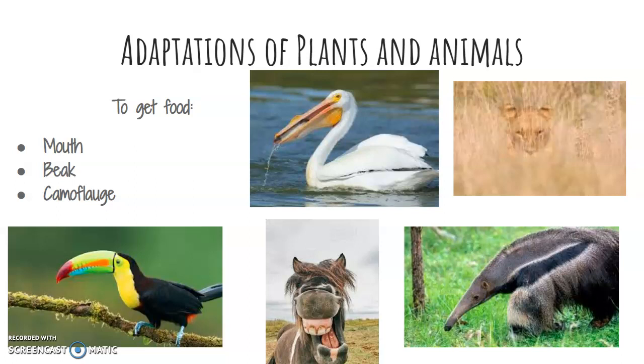Our horse down there at the bottom has big teeth and a tongue. We have our anteater, which has a long nose and mouth so he can grab little ants that he can find. And then the other thing was camouflage in order to get food. So we have a picture of a lion there hiding in grass, and we know that he's hiding so he can catch prey.